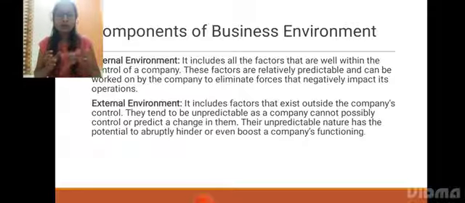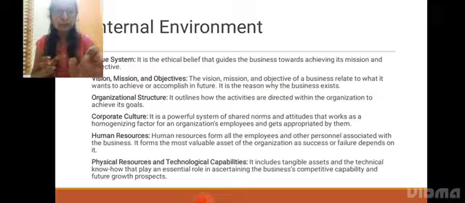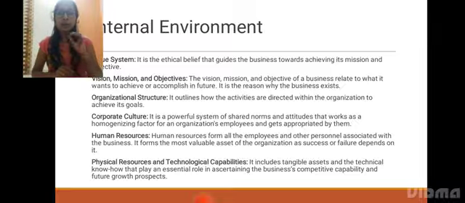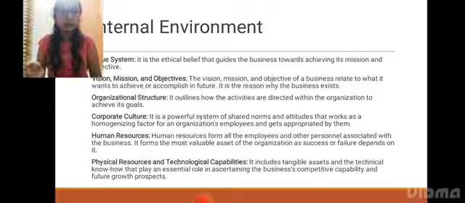So what are the factors that we are going to see today? First one is what? Internal environment. In that, value system: every business has certain values, and every business has to follow those values. And if a value is affecting my business, then I can control that value. That is why it comes into the internal environment.